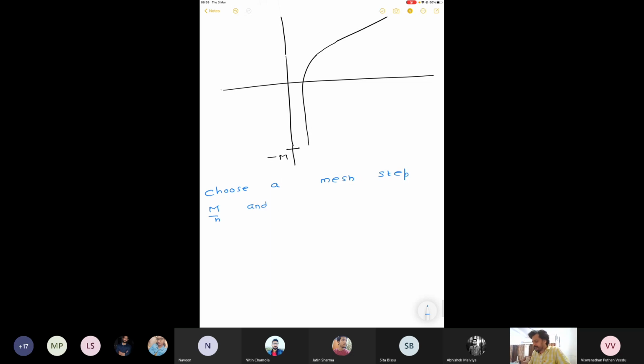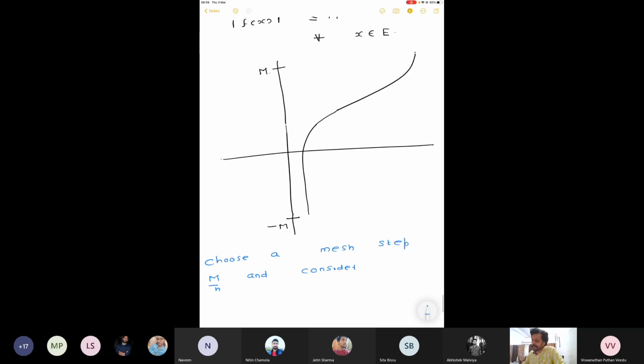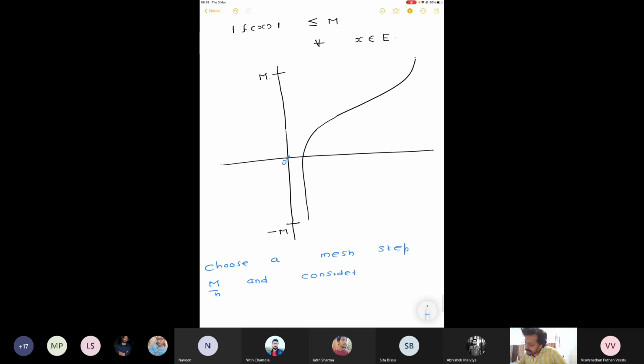So this is 0, M by n, 2M by n, and so on. This will be nM by n. Okay, and negative also you have, that is minus M by n, minus 2M by n, and so on. So each step size is M by n.